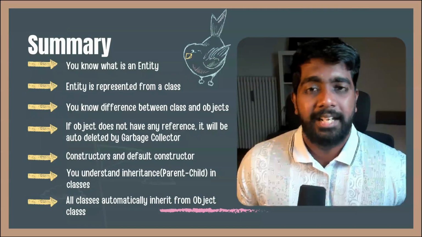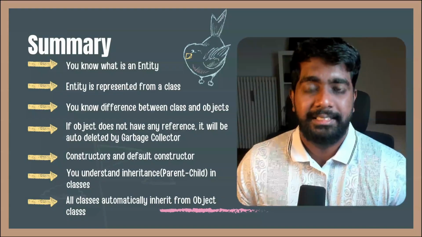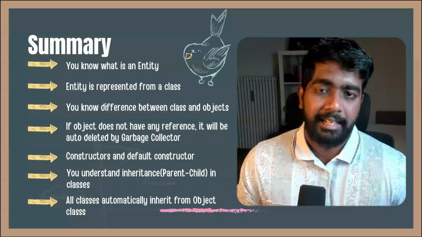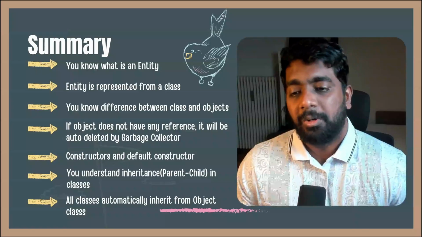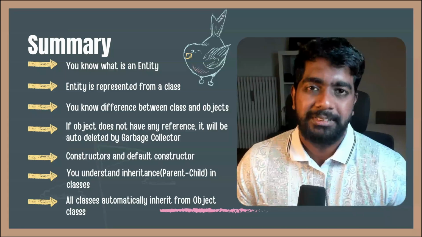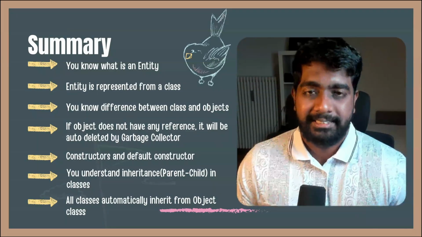You also understand what constructors are and the default constructor that is automatically injected by Java. You also know how to represent a parent-child relationship between objects using classes. Also, you understand that there is a special class called object in Java, which all the classes automatically extend from.